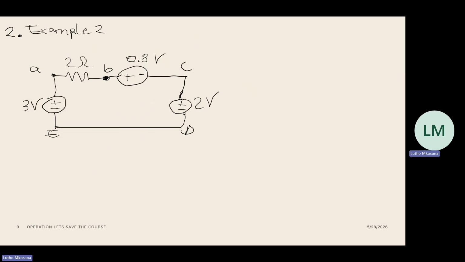In the next example, we have this circuit over here. In this circuit, we have two supplies, three in fact.